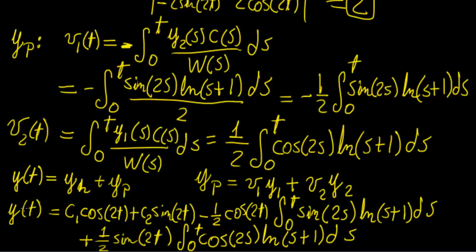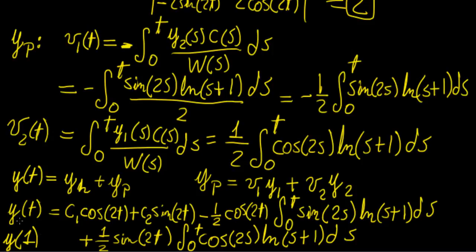So basically, if you grab something like y of 1, what you're going to do is just put 1 into every t. So this is going to become 2 times 1, 2 times 1, and here you're going to evaluate an integral from 0 to 1 of this thing, so you use a numerical integration technique.